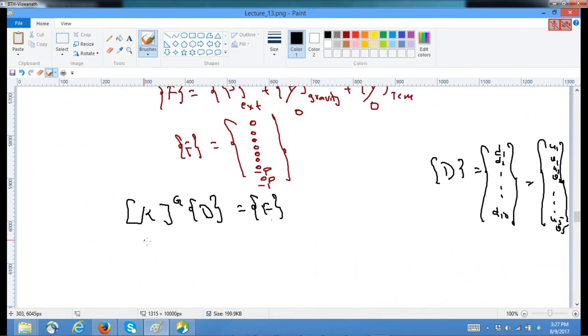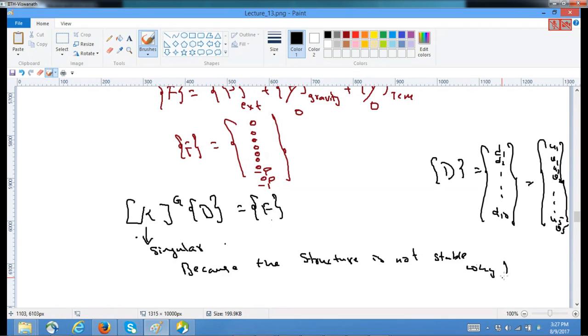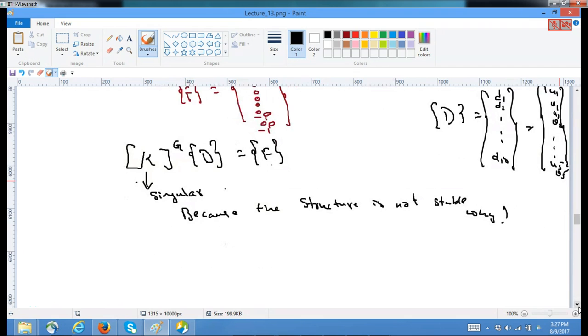Now this K matrix is still singular. You cannot invert it directly because the structure is not stable. Why is the structure not stable? Because we didn't impose the boundary conditions. Why do the boundary conditions have to be imposed?